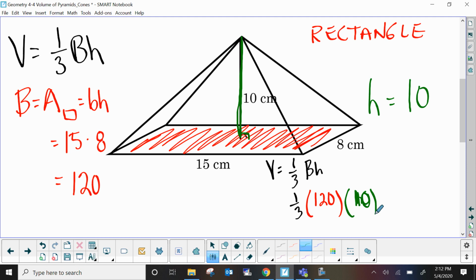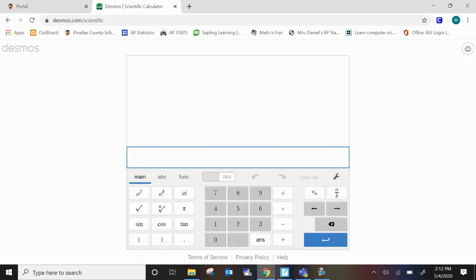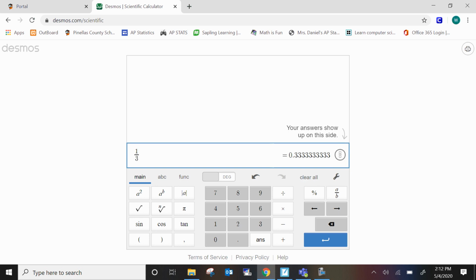Here it might be nice to go back to that scientific calculator that we've used in the past. If you go to desmos.com/scientific, it pulls up this scientific calculator. The reason why I do this is because now if I do 1/3, I can actually type it in as a fraction.